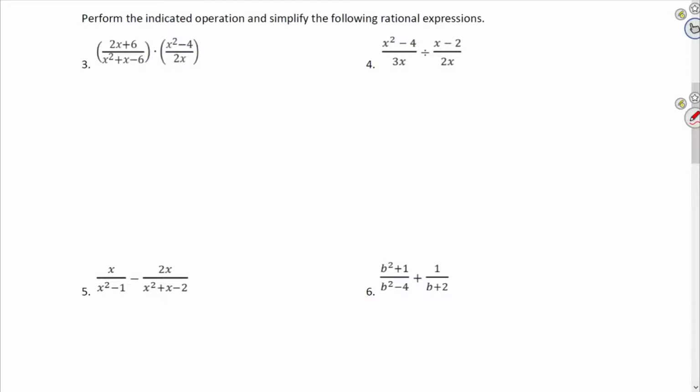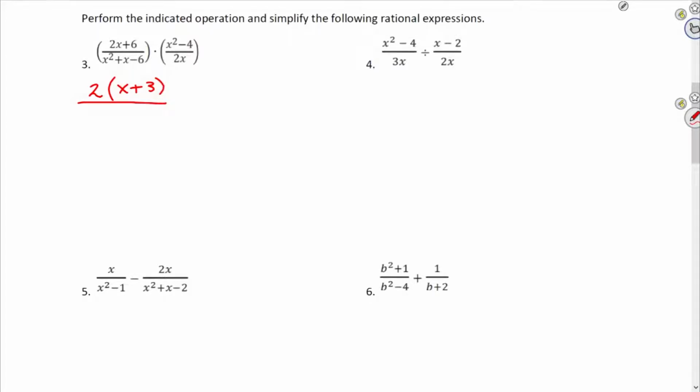Okay, now the first thing we'll do, at least for number 3 and 4, is we'll factor everything that we can. Okay, and I'll start that process. So this 2x plus 6 has a GCF of 2, so I get 2 times x plus 3, divided by x squared plus x minus 6.